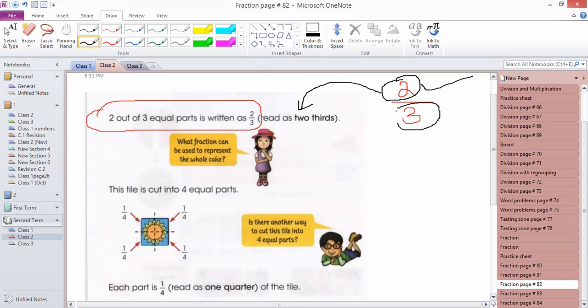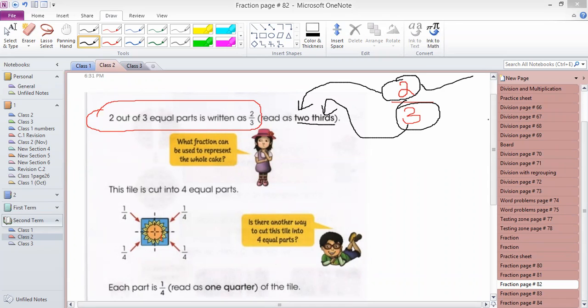And this is the denominator, you will read it as ordinal. 3, position number 3, that means third. So you will read it as two thirds. Is it clear, boys? Yes.